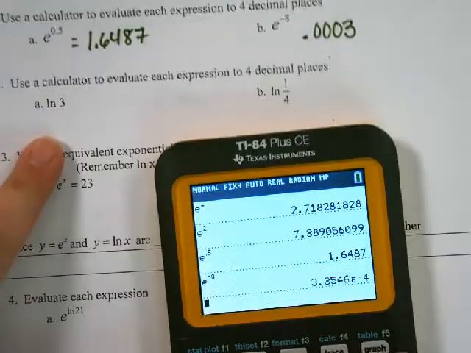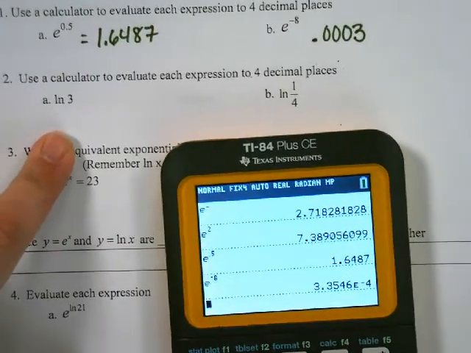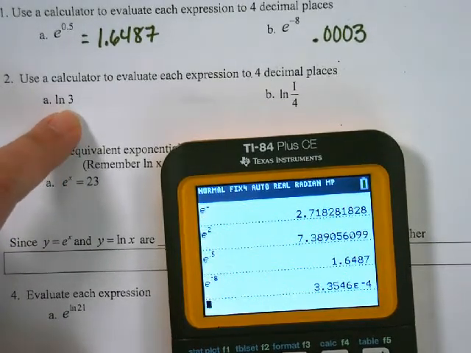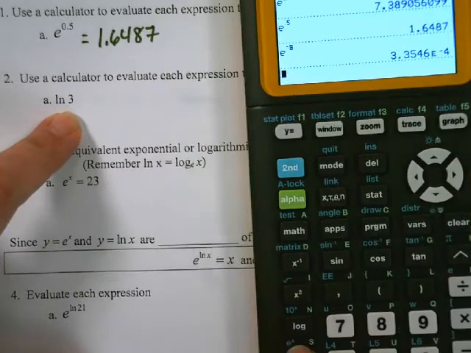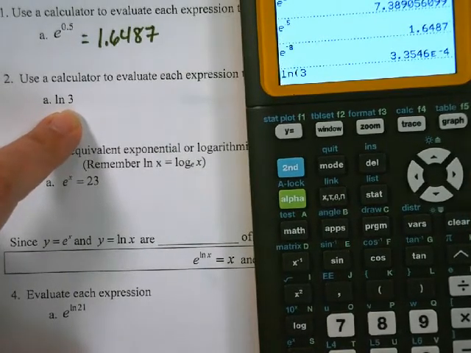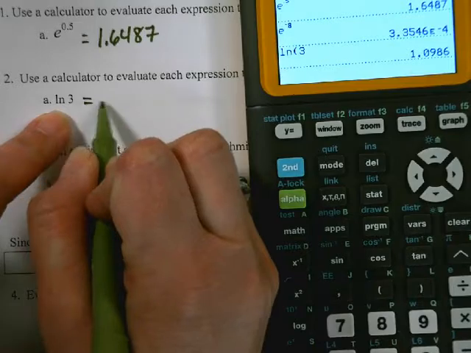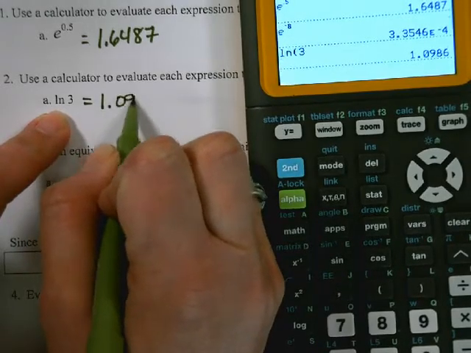Okay, so then let's look at 2. This one says use your calculator to evaluate each of these expressions to 4 decimal places. The natural log of 3. Okay, so I'm just going to hit that LN button. 3. 1.0986.